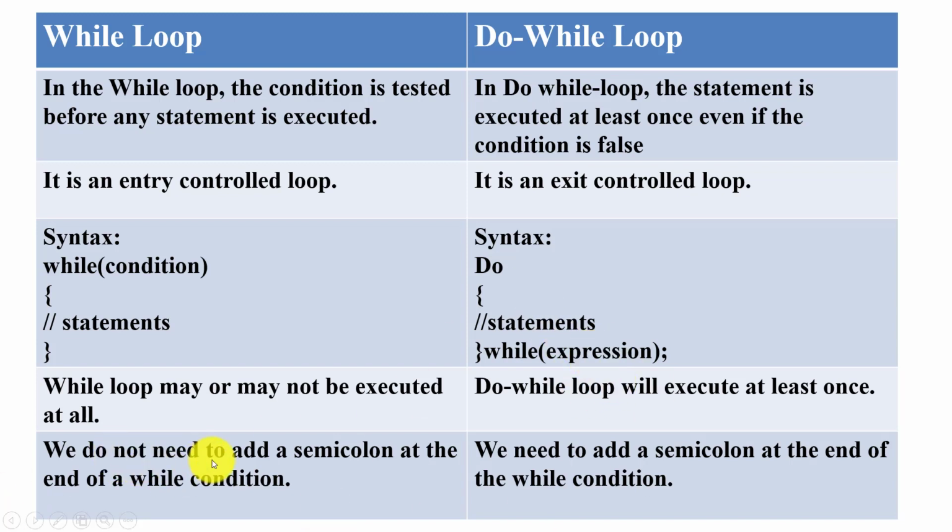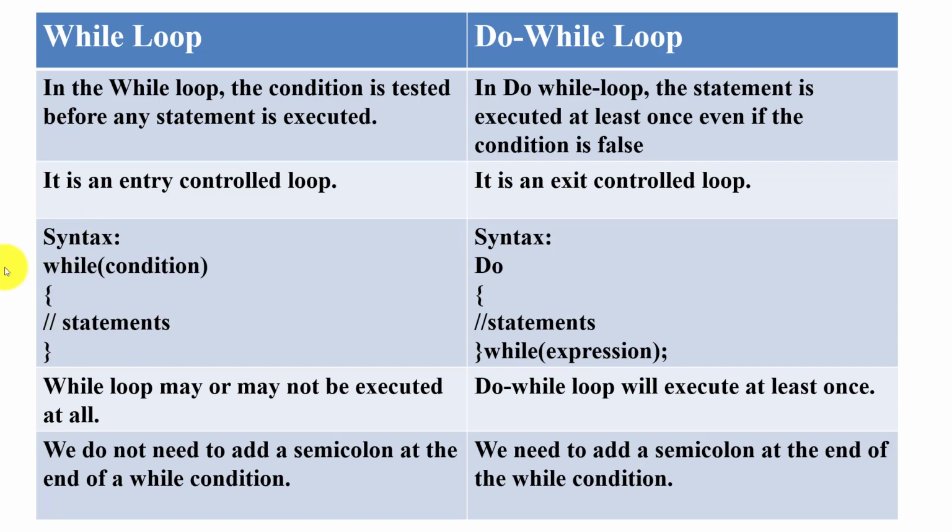We do not need to add a semicolon at the end of the while loop condition. At the start, we do not apply any semicolon, but in do while we have to write the semicolon. If we wrote a semicolon after a while condition and the condition is true, the loop would execute infinitely, because the condition is checked every time and the loop goes on forever.